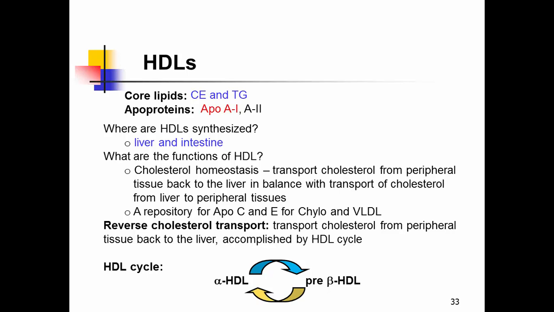The HDL cycle means that HDL actually has two different forms. One is called alpha HDL, and the other form is pre-beta HDL. These two types of HDL have different lipid compositions, and they can be interconverted, right?